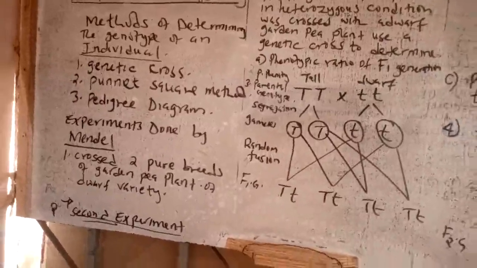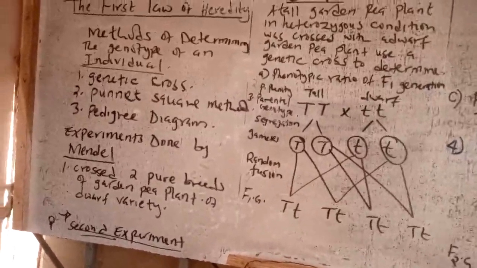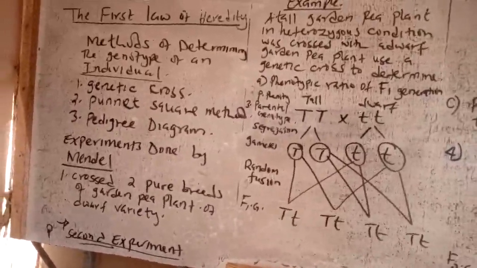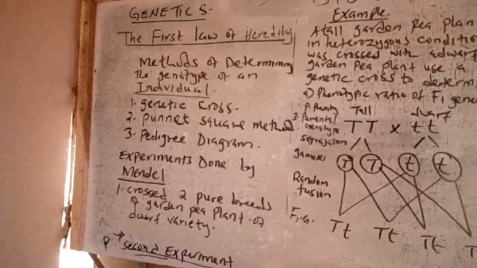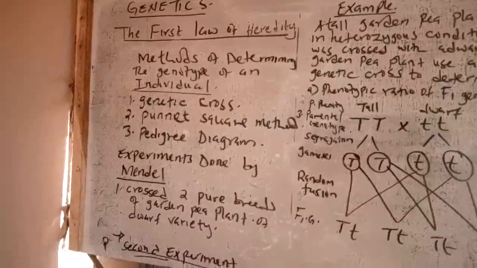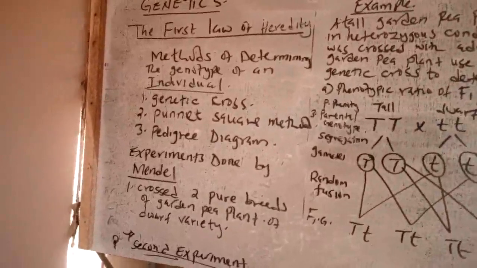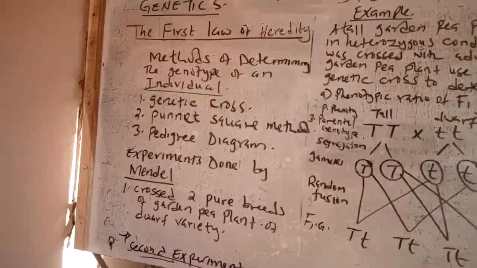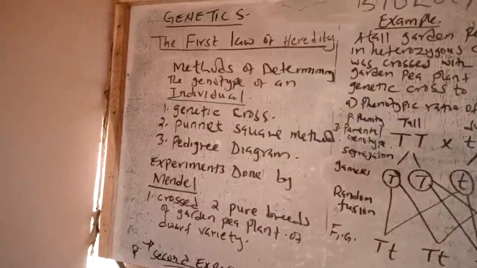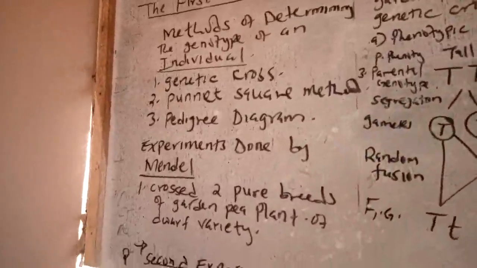I repeat again, the first law of inheritance states that the characteristics of organisms are determined by internal factors or hereditary factors which occur in pairs, and only one of the pair of such a factor can be represented in a single gamete.